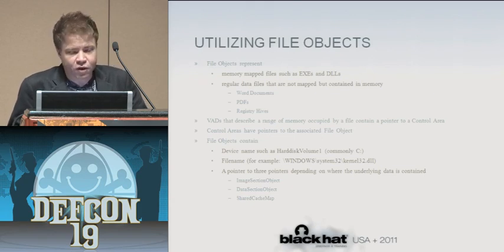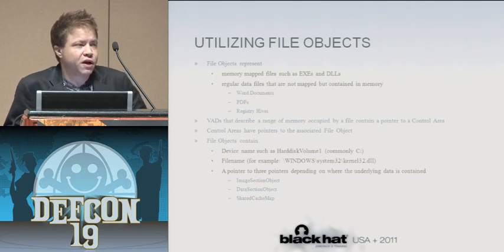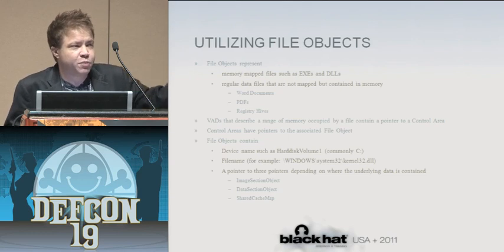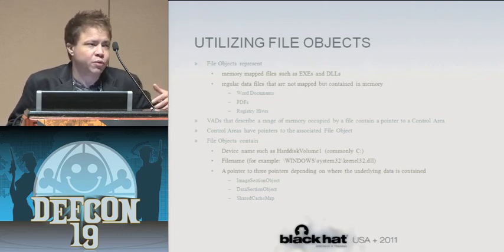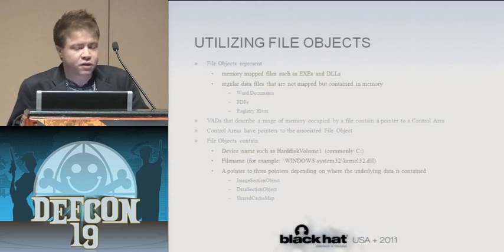If you're very familiar with WinDbg, you'll be used to these structures. The control area has a pointer back to the file object. So we're finding VADs in memory because we found the EPROCESS block. Once we find the VAD, we parse it to see its control area. Once we get to the control area, we parse it to find its file object.